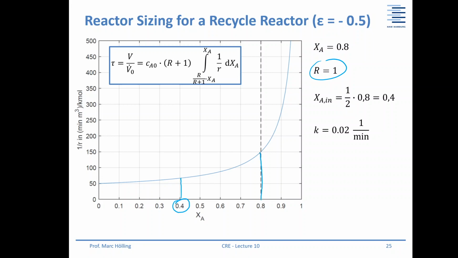Same procedure, so your normal area would be this. Then you have to somehow estimate your mean conversion. The blue area and the orange area should be the same.